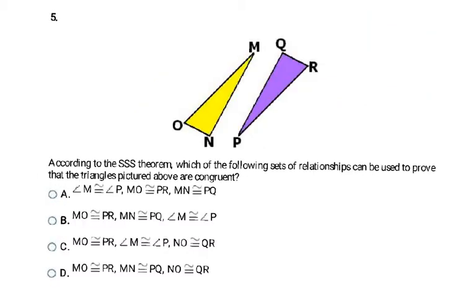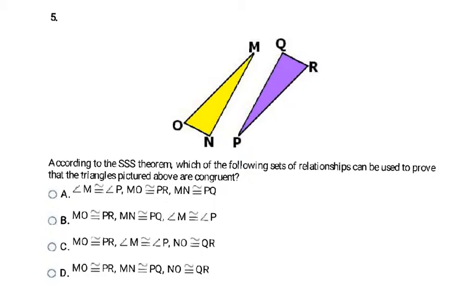Okay, this question says, according to the SSS theorem, which of the following sets of relationships can be used to prove that the triangles pictured above are congruent? So in order to use SSS, I need to have three side pairs congruent.